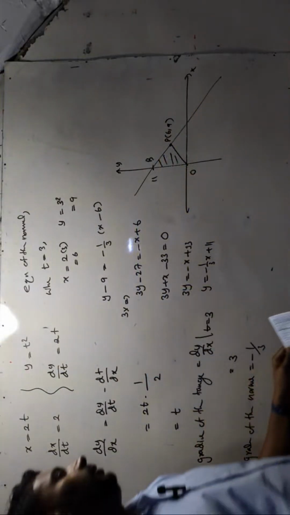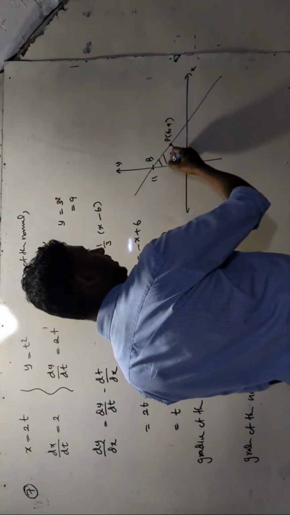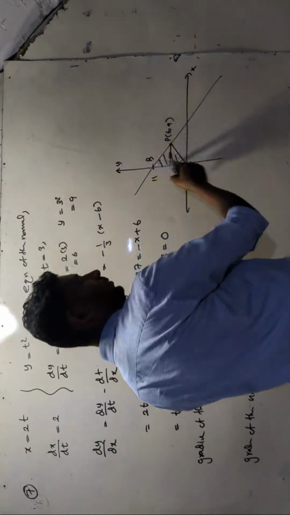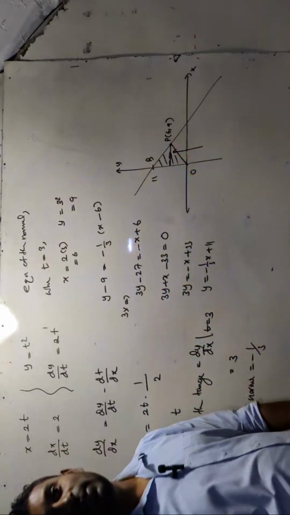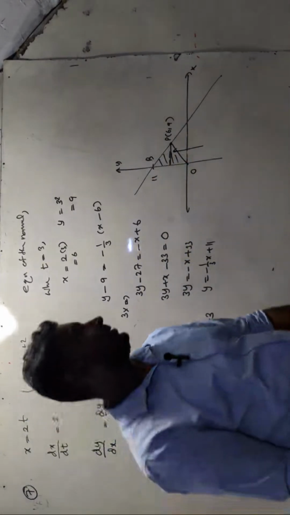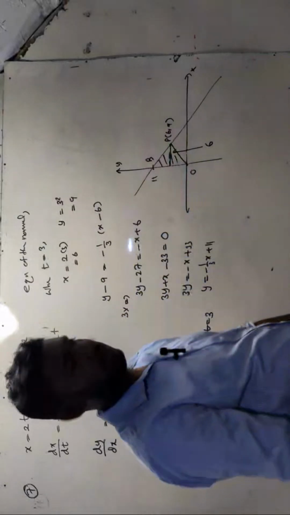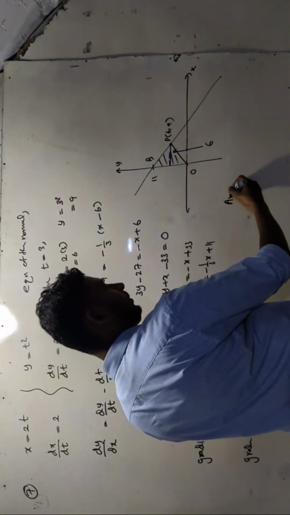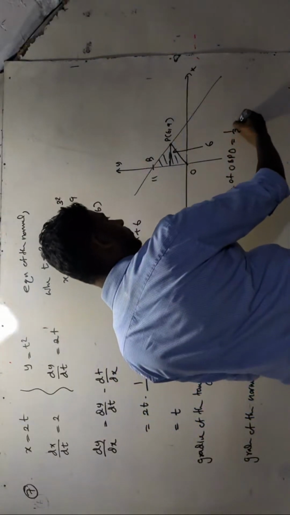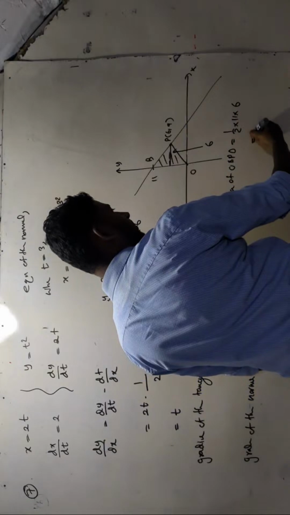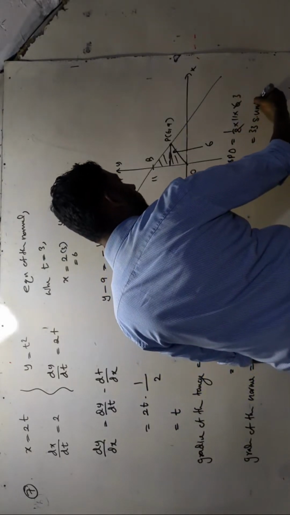How can we find the area? That means the base and the height. So tell me, now we can see the base is what? 11. So what is the height here? The height means the x coordinate, the x coordinate 6. So here it will be 6. So the area of the OBP triangle is equal to half into 11 into 6. So that is 33 square units.